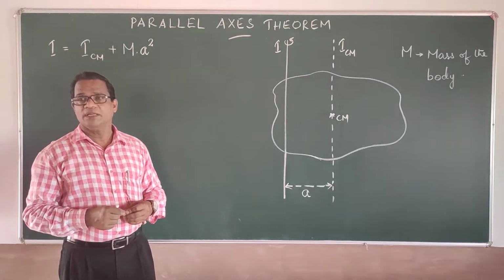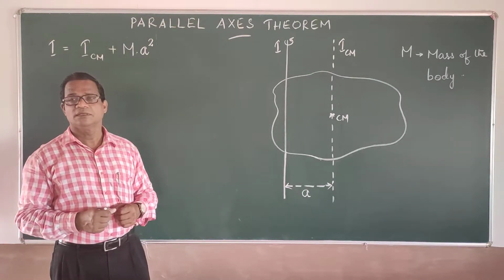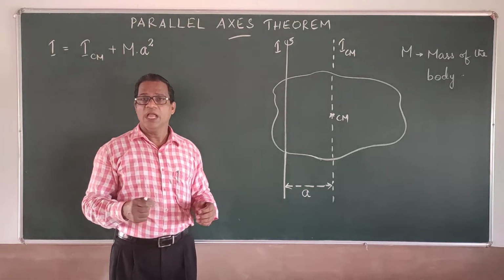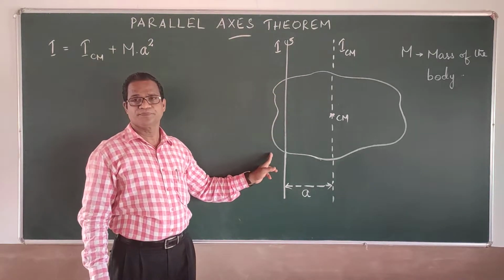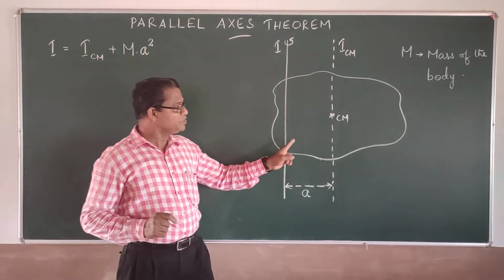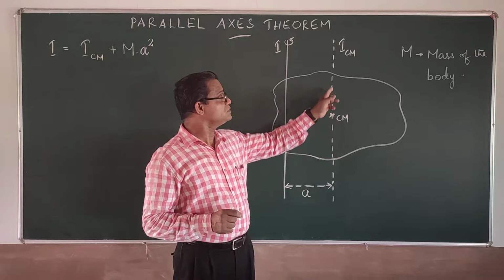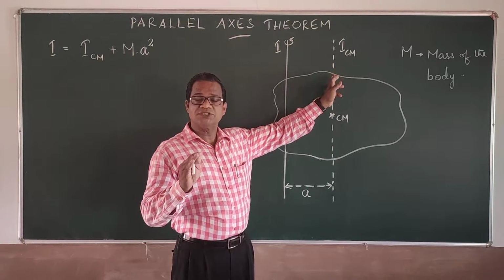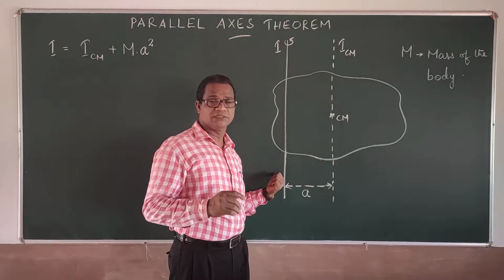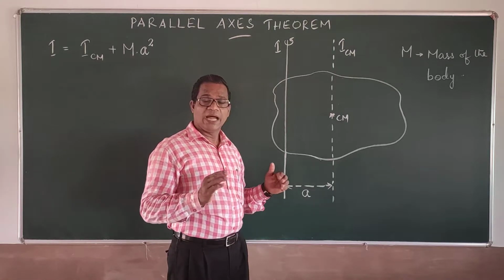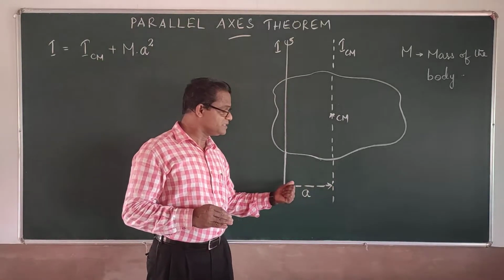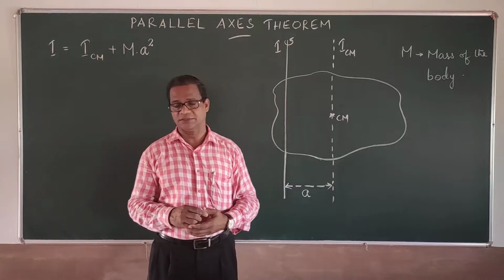The parallel axis theorem can be defined as: the moment of inertia of the body about a given axis is equal to the sum of the moment of inertia of the body about an axis passing through the center of mass of the body and parallel to the given axis, and the product of the whole mass of the body and the square of the distance between the two parallel axes.